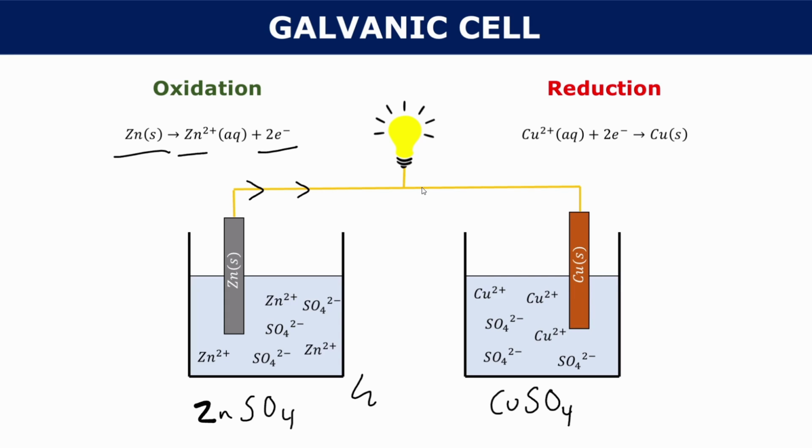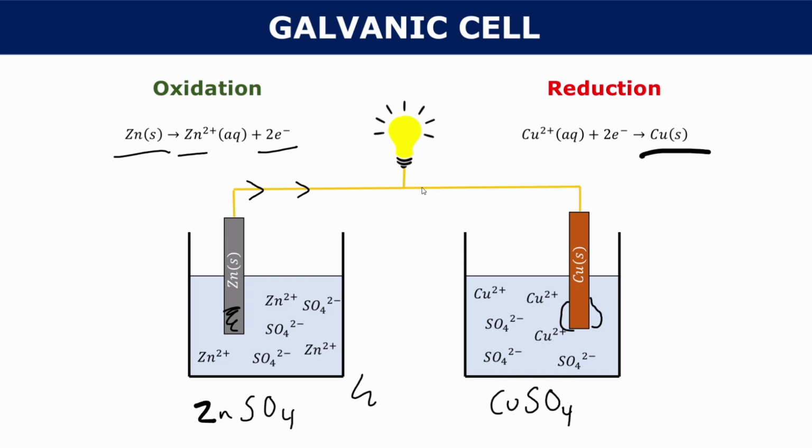As more and more zinc gets used up, the shape is going to become smaller and the mass is going to become smaller of this zinc solid here. On the other hand, if we look at the reduction half, copper solid is being produced. So over time, the copper solid is also going to change shape, except in opposite of the zinc, the copper is actually going to gain mass. So it might just get a little bigger here or whatever.